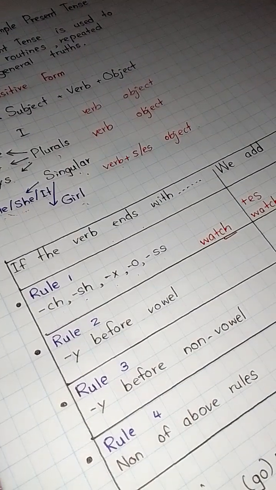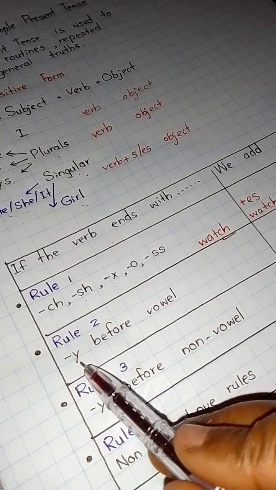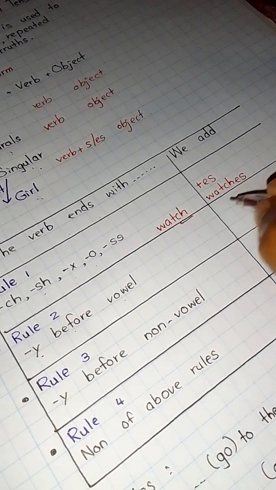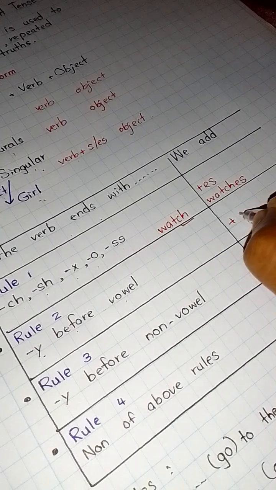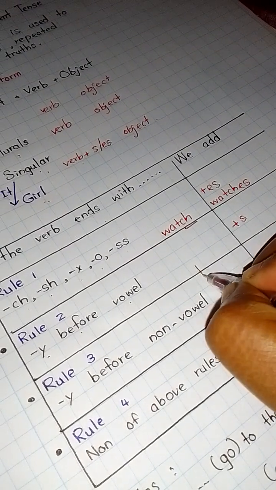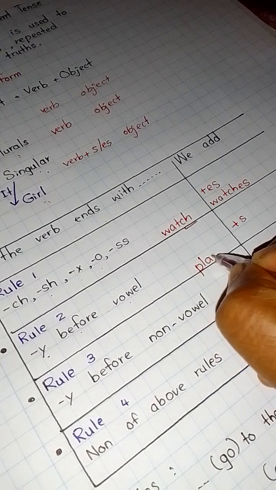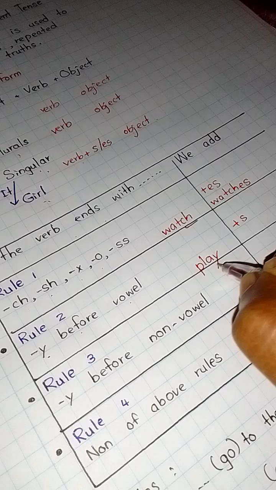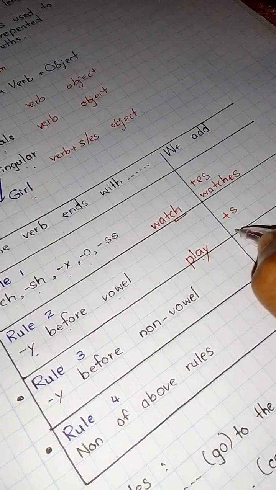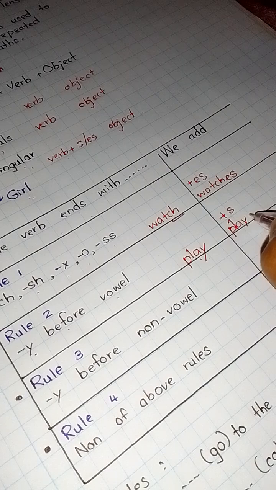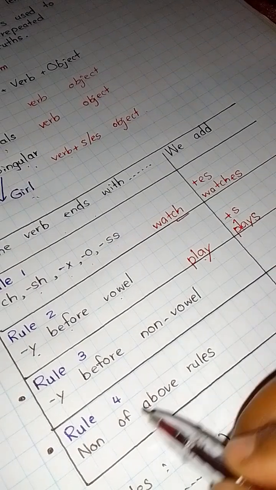The second rule, if the verb ends with y after a vowel, we simply add s at the end of the verb. For example, the verb play. The verb play ends with y after a vowel, so we add s at the end of the verb.